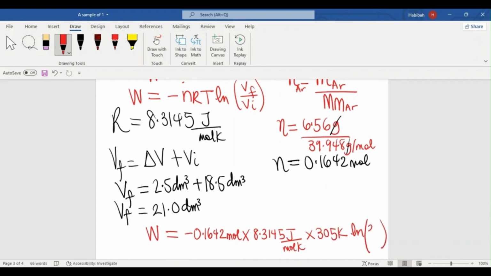That would be 21.0 dm cubed divided by the V initial, which is 18.5 dm cubed.